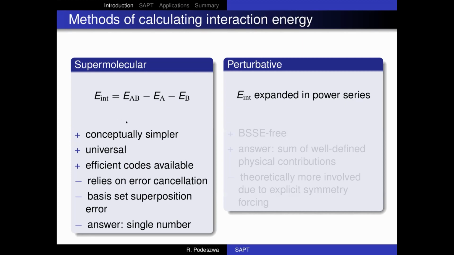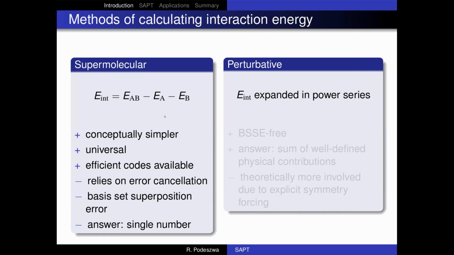This all relies on error cancellation. These interaction energies are very small. They are tiny compared to energies of the supermolecules. So you must have some error cancellation. And it works usually fairly well, but not always. And you have something like basis set superposition error.